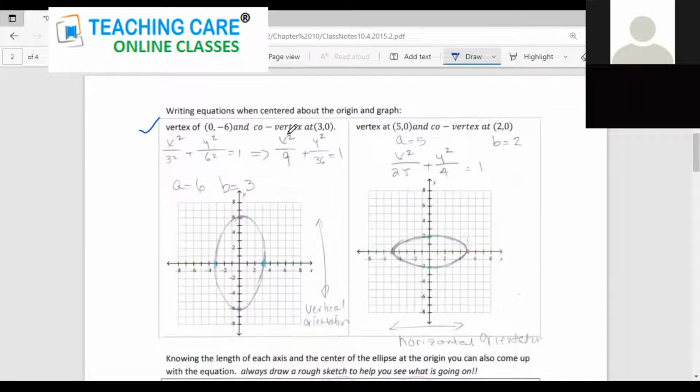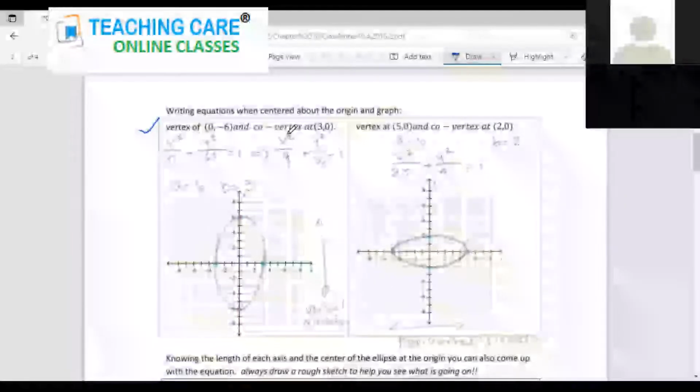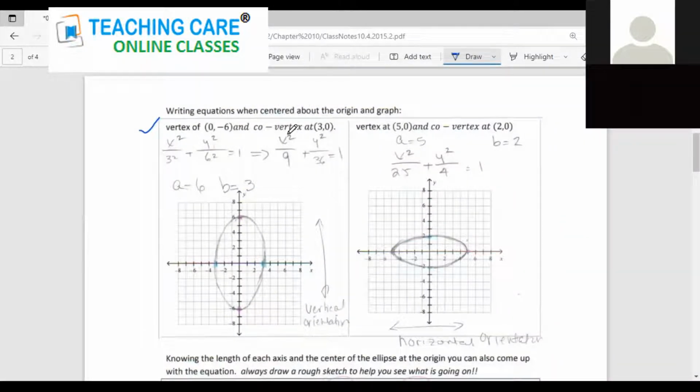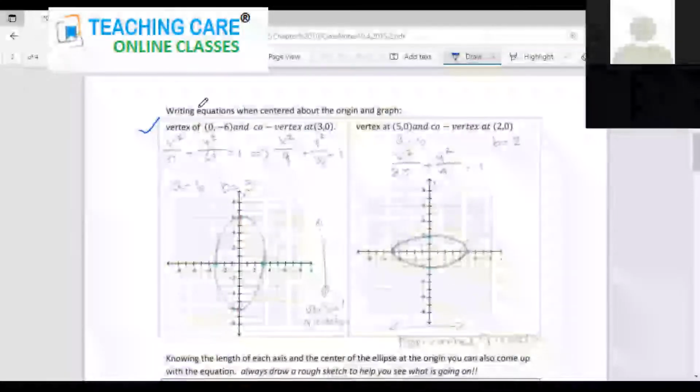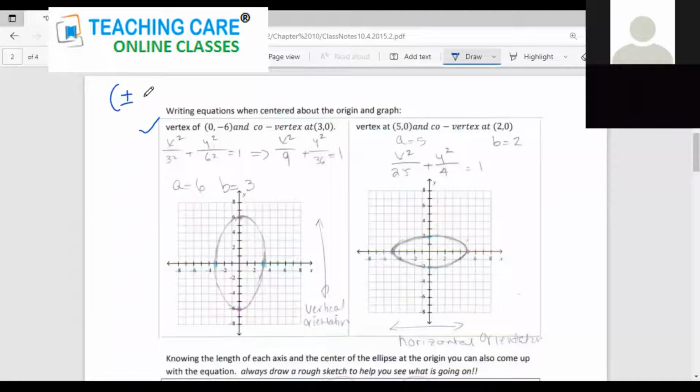When you do this, you have to check how the vertex and the co-vertex are. When the vertices are plus or minus a comma 0 and the co-vertices are 0 comma plus or minus b, it would be the first type, that is x squared over a squared plus y squared over b squared equals 1.